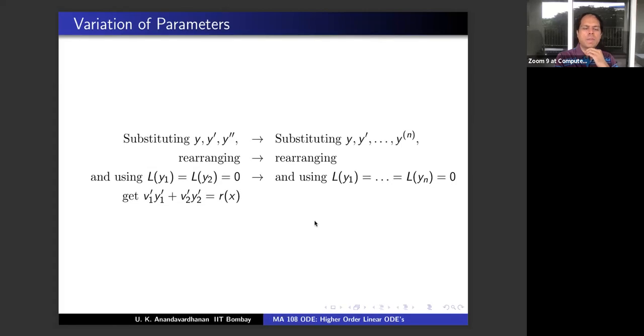You got v1 prime y1 prime plus v2 prime y2 prime equal to r x, and here you are going to get v1 prime y1 power n minus 1 up to vn prime yn n minus first derivative equal to r x.